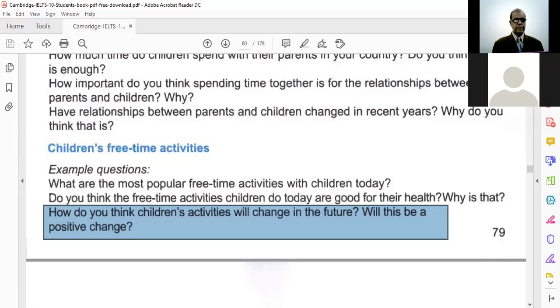People will be more involved in gaming, and the time spent playing games will increase. That will not give any positive benefit to the children, and it will have a very negative effect on their health and physical strength.